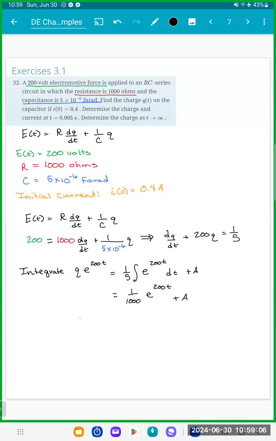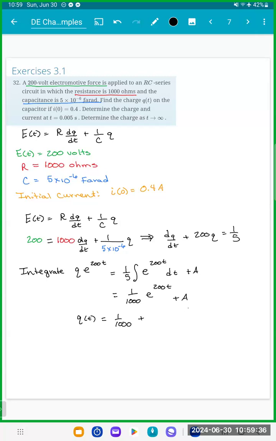Okay, so this then is going to, if we consolidate this and we want to just have q of t, give me q of t equals 1/1000, and we're just moving this portion to the other side. It will be plus, we divide both sides by e to the 200. It goes away in this 1/1000 term, but we're dividing the a over here by e to the 200.